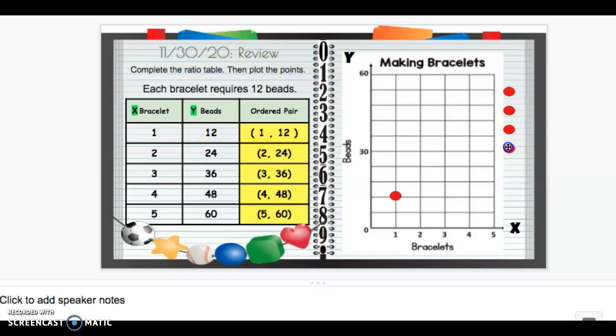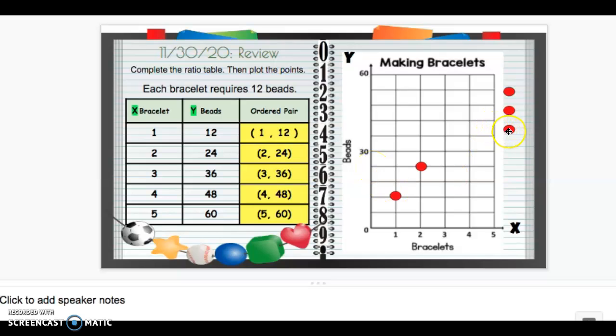So I'd grab my next point, start at my point of origin, walk to 2, and then fly to 24. So that's 6, 12, 18, 24. And I put my point on that grid where 2 and 24 meet.